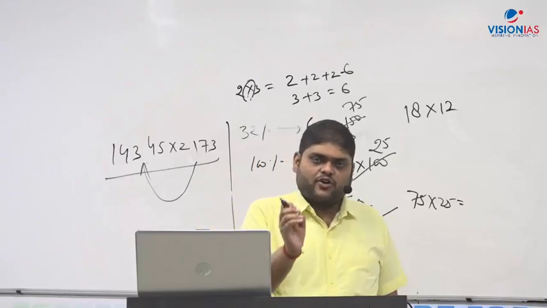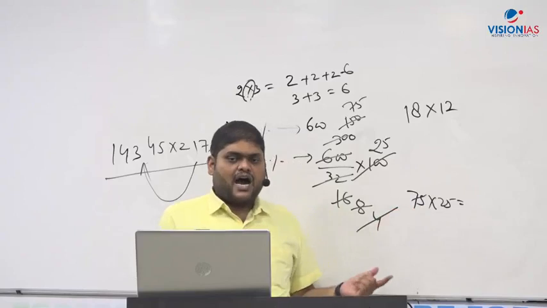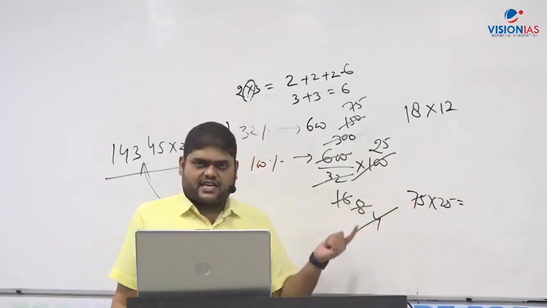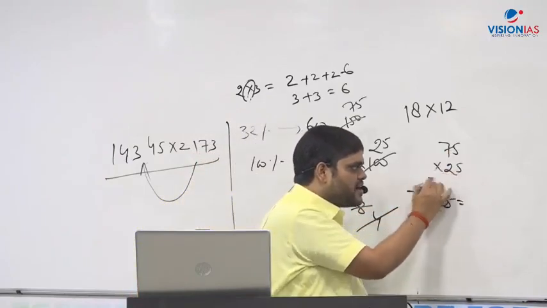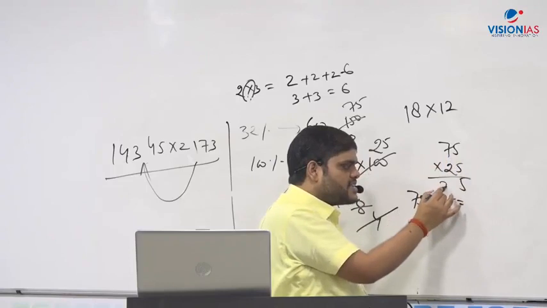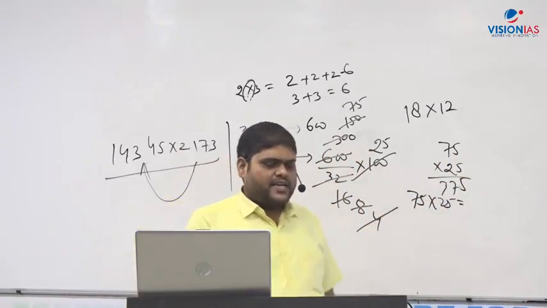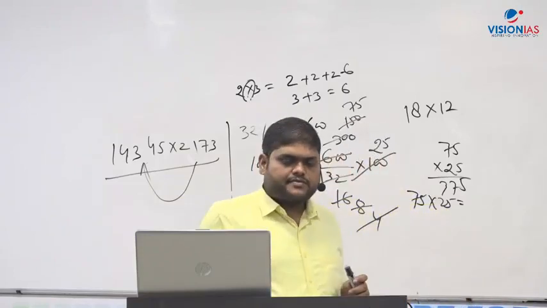I'm giving you a trick. Sometimes such questions come and you can answer very easily without doing all this. Otherwise, if you still have a problem here, you can multiply, no issue with that.